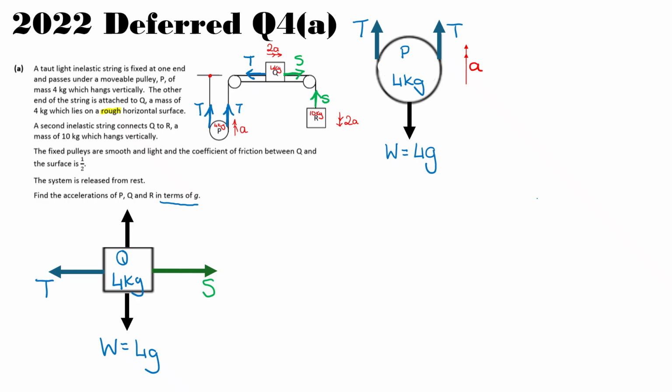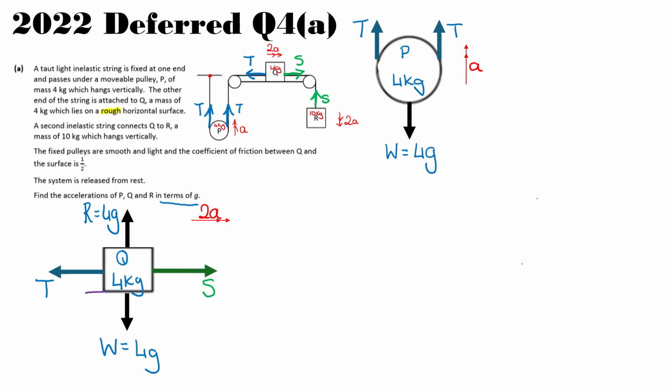We then also have a reaction. So our reaction is going to be equal to the weight, which is just 4g, and that's because there's no up and down movement. The movement is all horizontal. So this is our movement, and the acceleration is 2a. Now remember, we have a rough horizontal surface, so we need to understand the way that this particle is moving in order to understand friction, because friction always opposes motion.